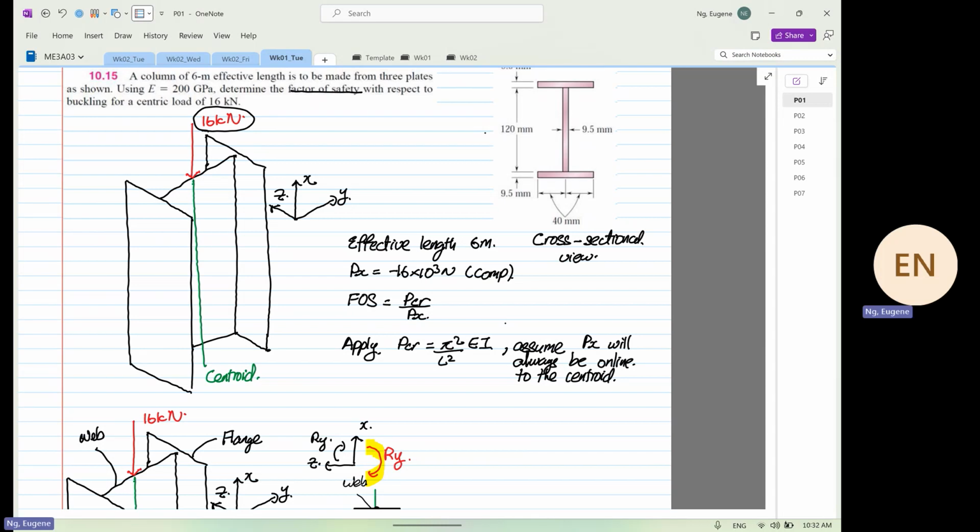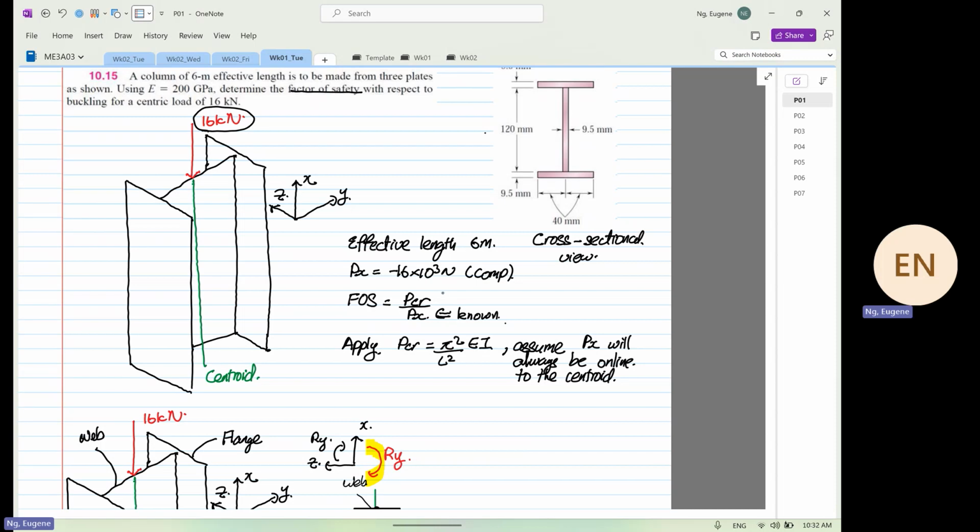The question asks us to determine the factor of safety. The factor of safety formula is P critical divided by Px. Px over here is known, it is a given value.